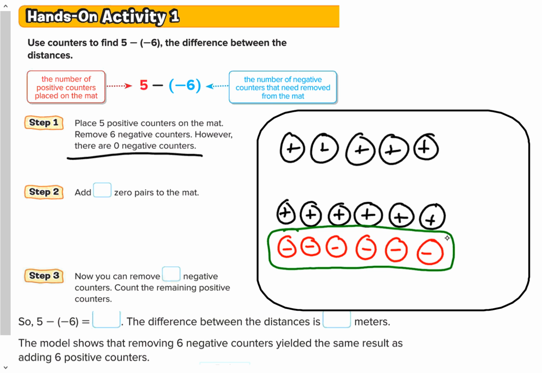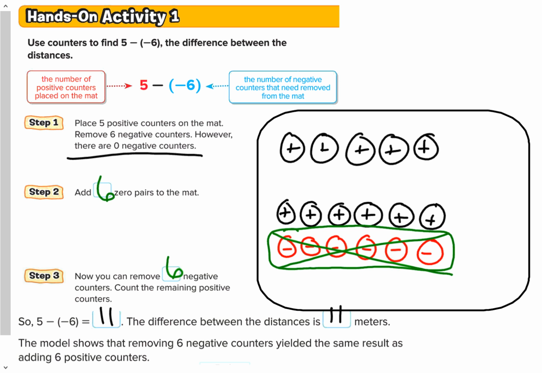Now they are, so I'm going to take these away. What are we left with? After we remove the 6 negative counters, we're left with 1, 2, 3, 4, 5, 6, 7, 8, 9, 10, 11. So we're left with positive 11. The difference between the distances is 11 meters.